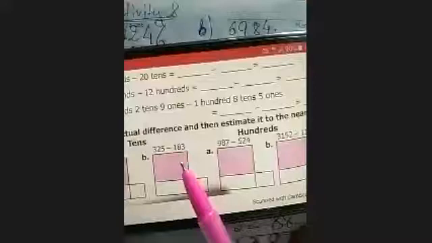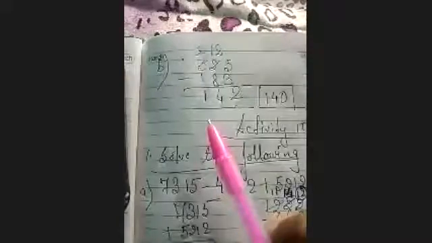On subtracting 183 from 325, we have got 142. This is the difference. On subtraction, whatever answer we get is called the difference. And the question says you have to estimate this difference to nearest 10.